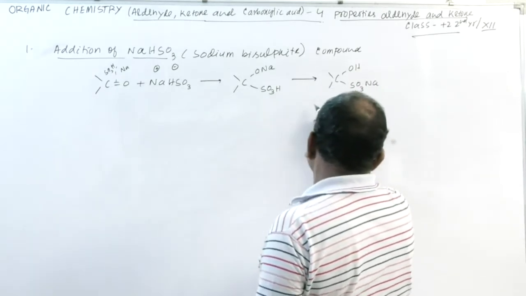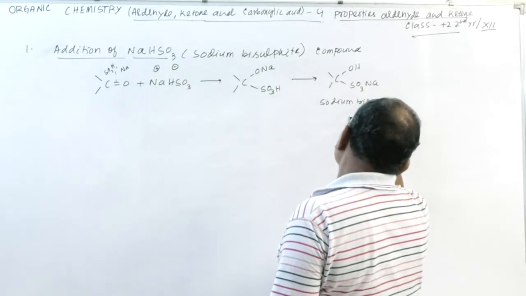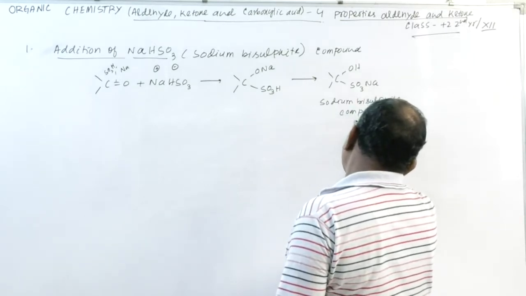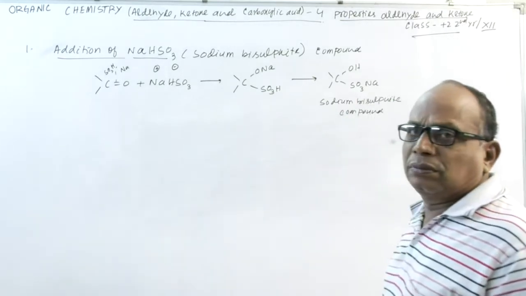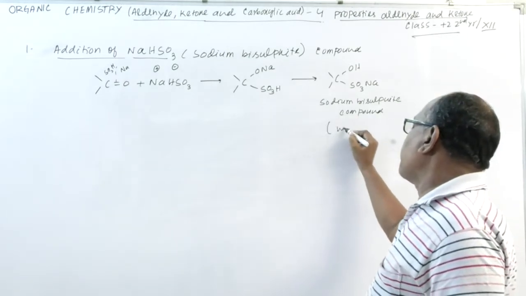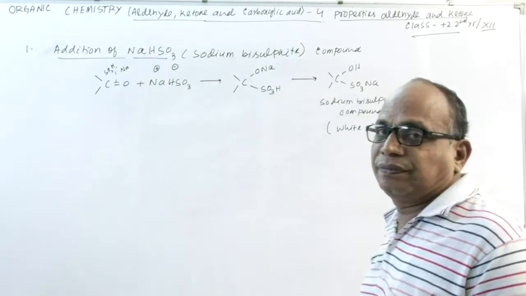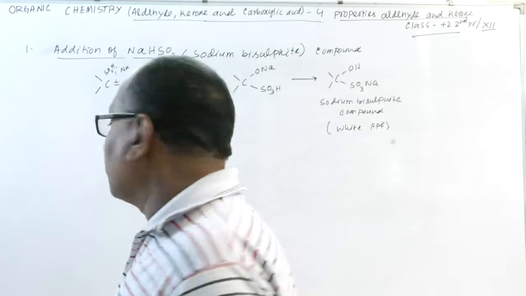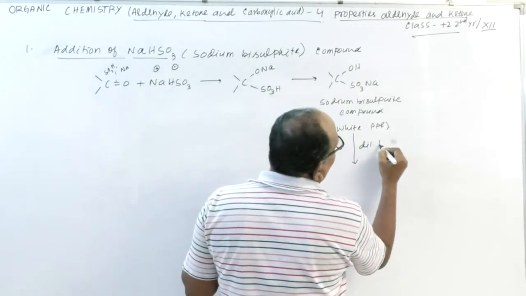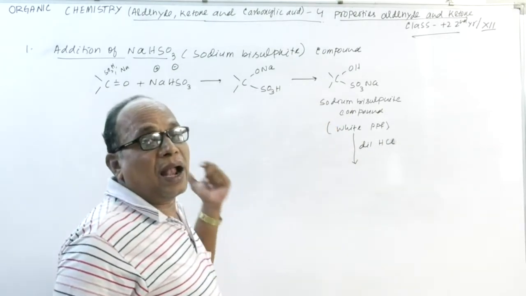After forming this, there is a transfer of proton, giving C(OH)SO3Na. This is your sodium bisulfite compound. The corresponding aldehyde or ketone forms this sodium bisulfite compound, which is a white precipitate. When this white precipitate is treated with dilute HCl, it gives back the corresponding aldehyde or ketone.